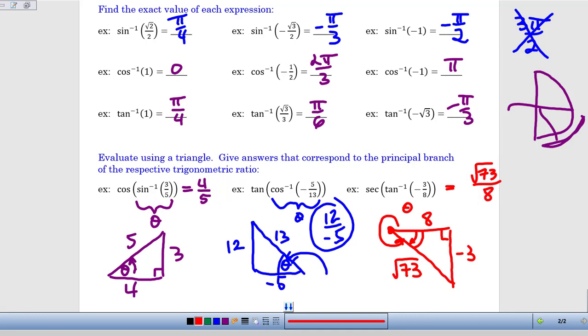The risk on these questions is if we don't draw the triangle, if we don't draw the angle in the correct quadrant, then we are going to end up incorrect on the positive or negative sign of our answer.